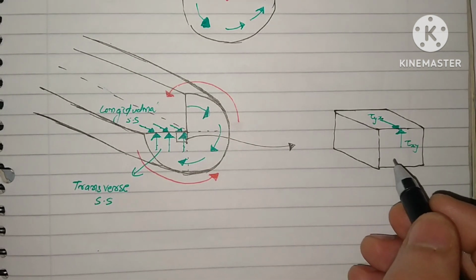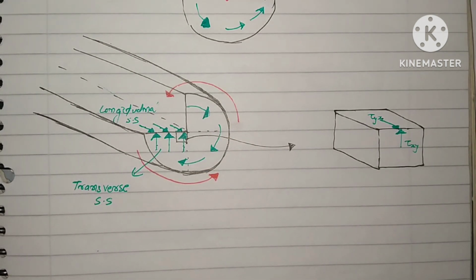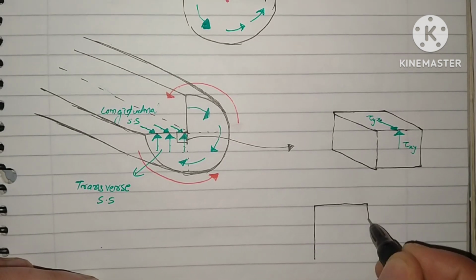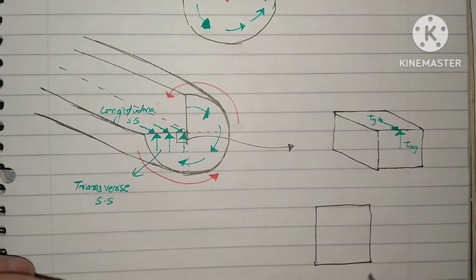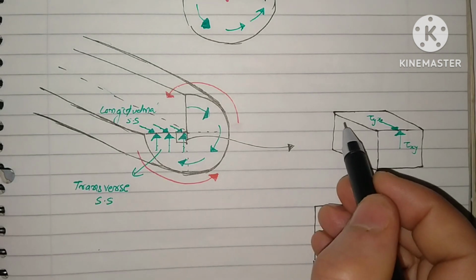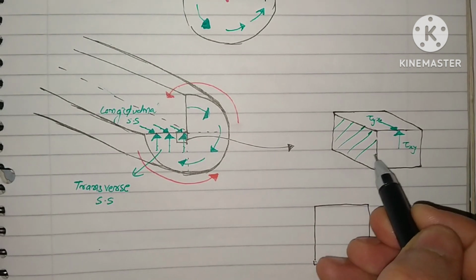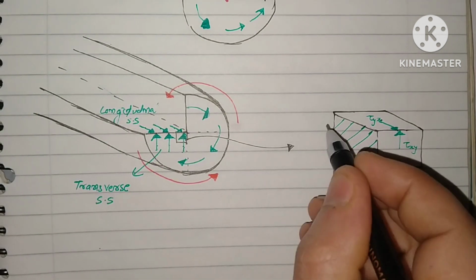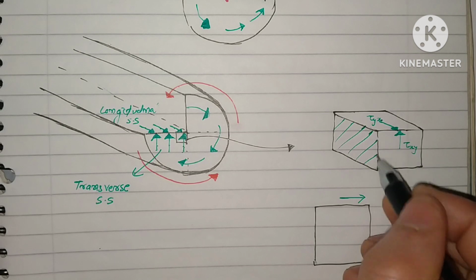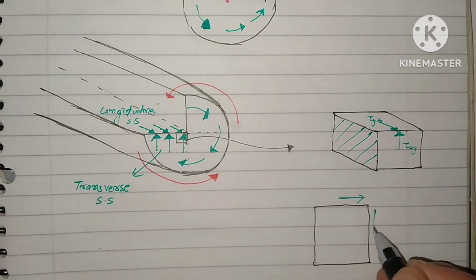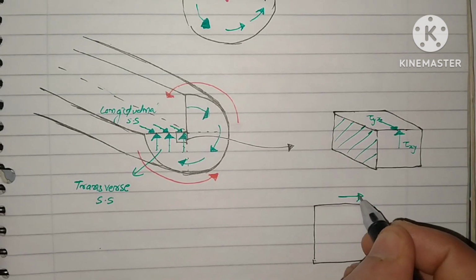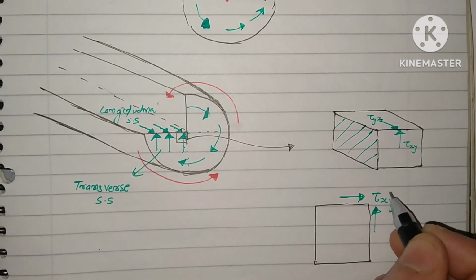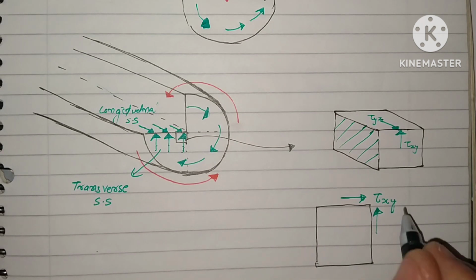In two dimensions, if it is a 2D planar body, it will be reduced to like this. Take this cross section. This is the cross section, and the upper side will be subjected to stress like this one, and from the right face it will be subjected like this. This is shear stress in the xy direction, and that is what we get in the books.